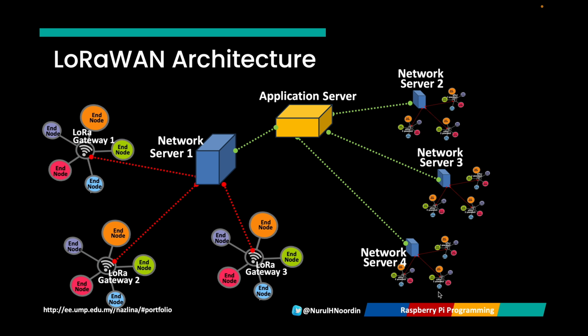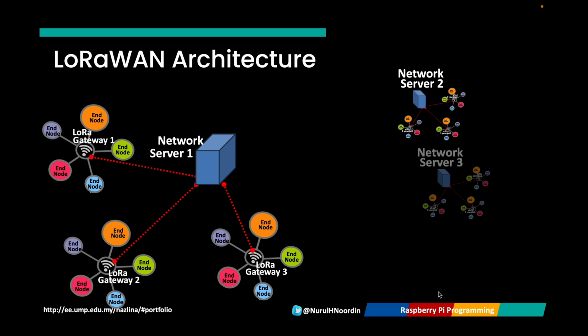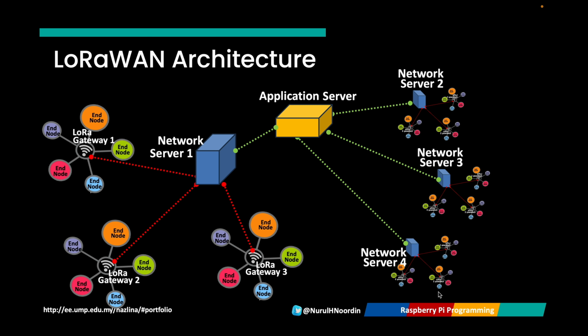The application server is the final destination for the IoT data, where it is processed and visualized. This architecture enables IoT devices to communicate over long distances without requiring direct internet access, making it ideal for remote monitoring and smart city applications.